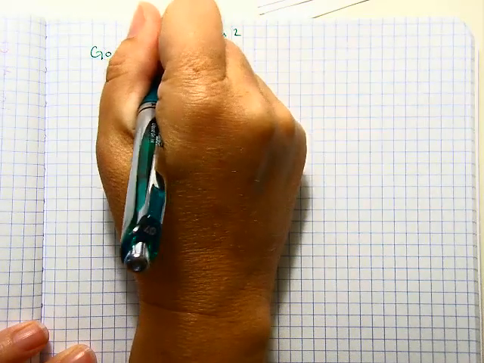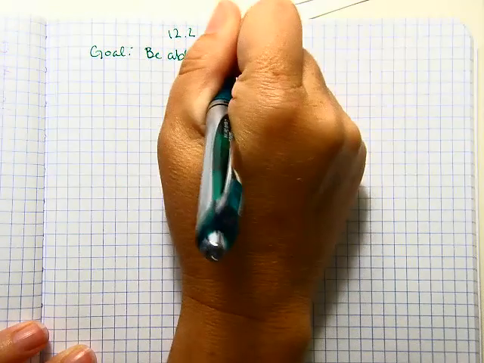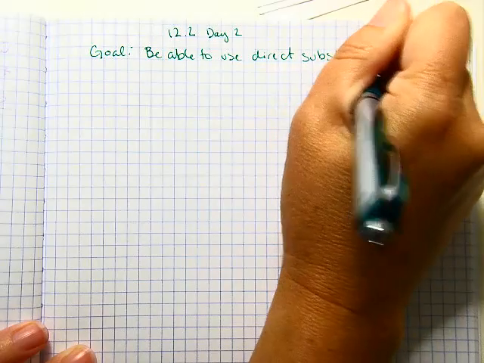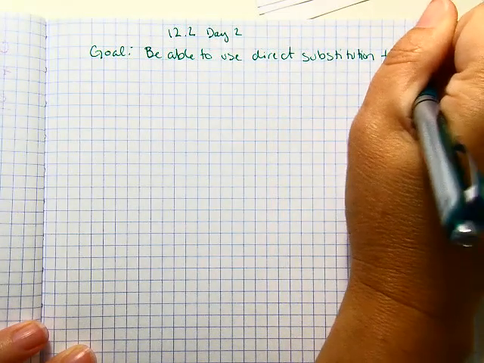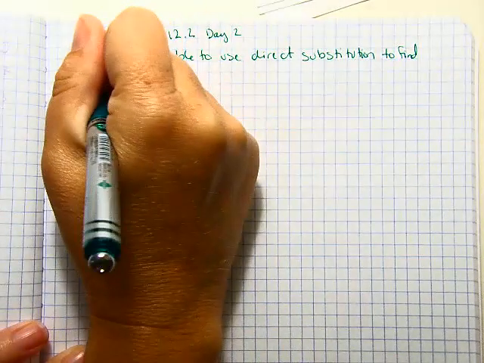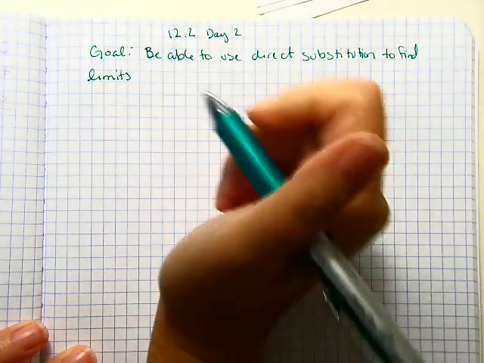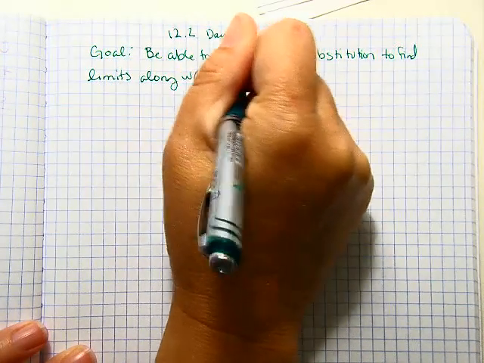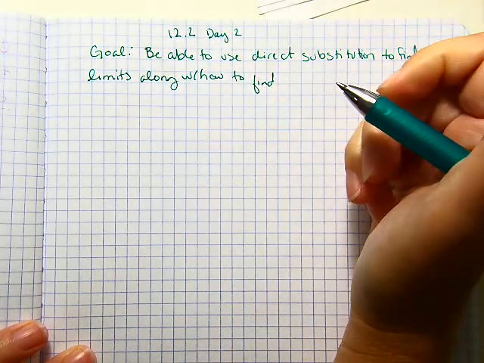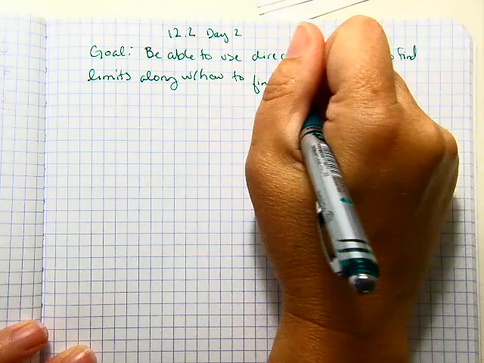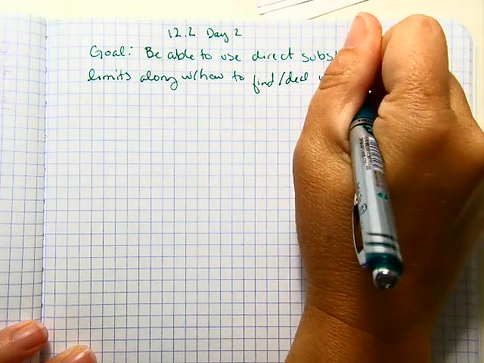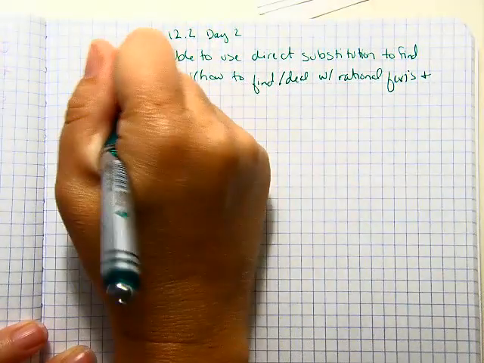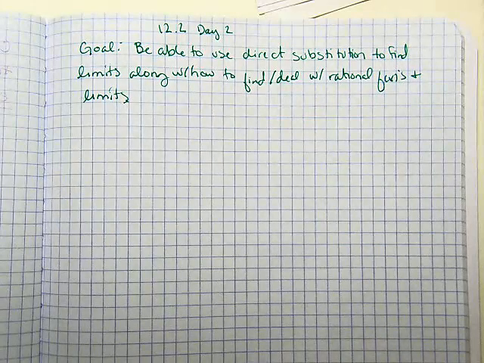We are going to be able to use direct substitution to find limits, along with how to find or deal with rational functions and limits.